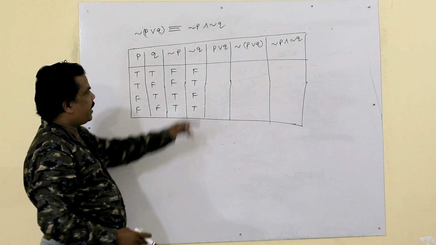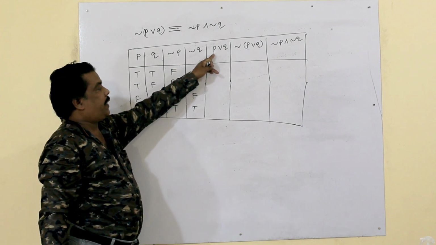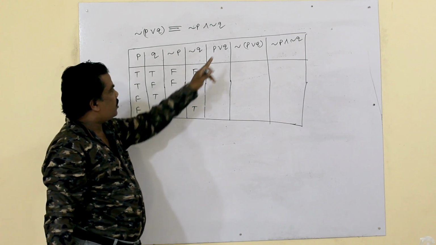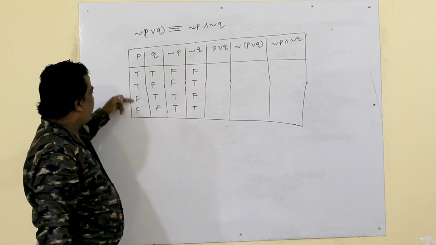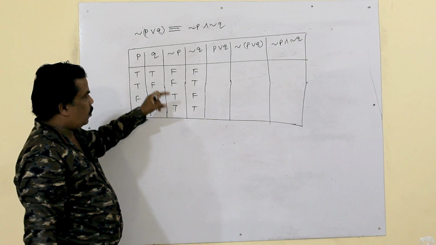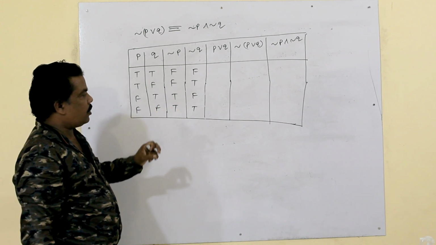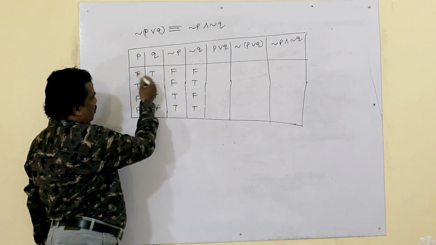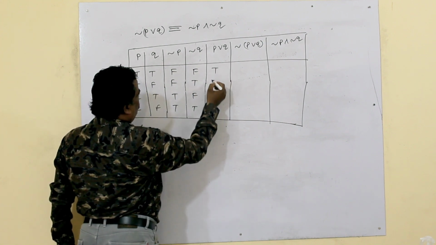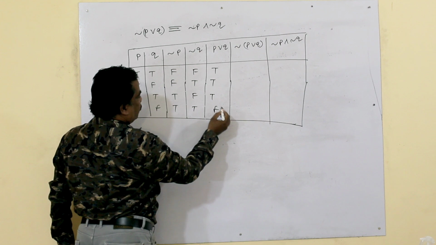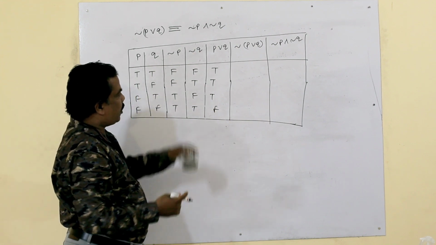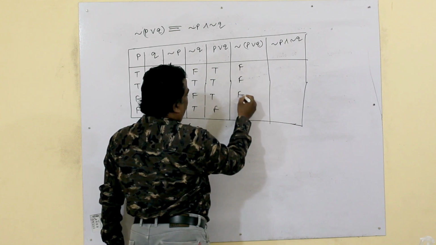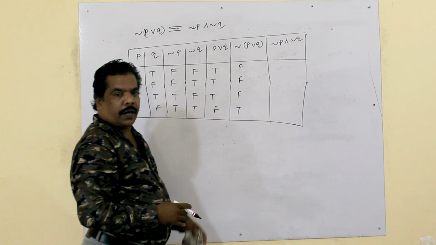When you find P disjunction Q, P or Q, if at least one is true, then it is true, otherwise it is false. The truth value of P or Q is true if at least one of the two is true: true, true, true, false. And the negation of P or Q is false, false, false, true.